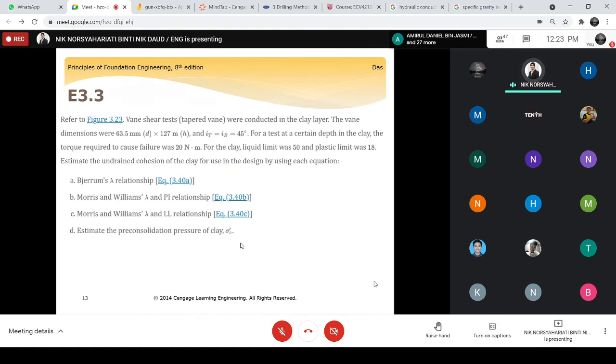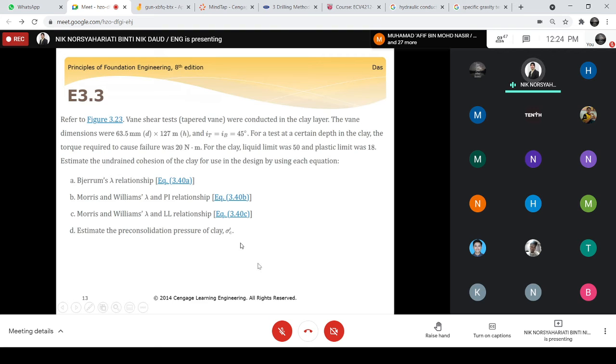Okay, so you can have a look at example 3.3, which refers to the vane shear test with a tapered vane. They gave you a few values, including the dimensions and some constants that you can use to calculate using Jerome's relationship, Morris Williams, which is based on the plasticity index relationship, and C is based on the liquid limit relationship.